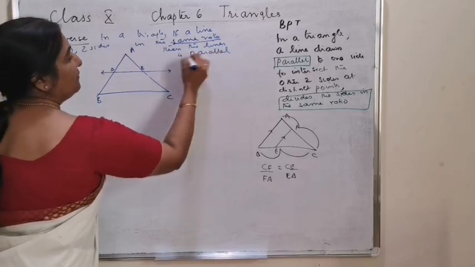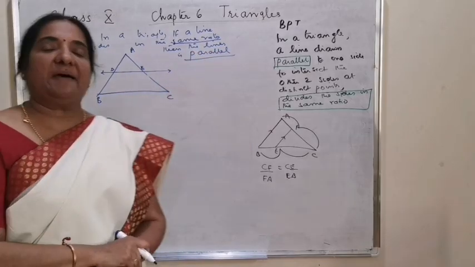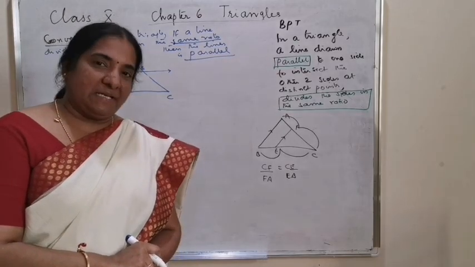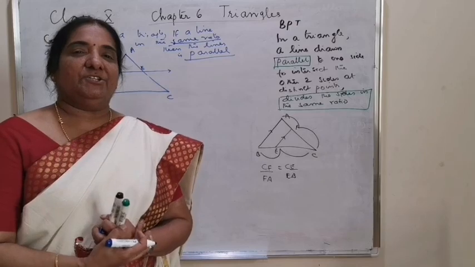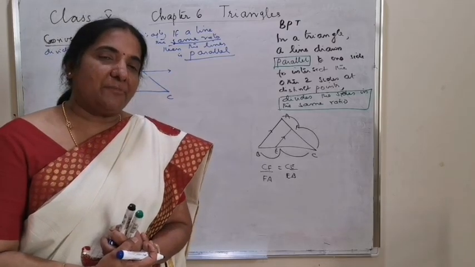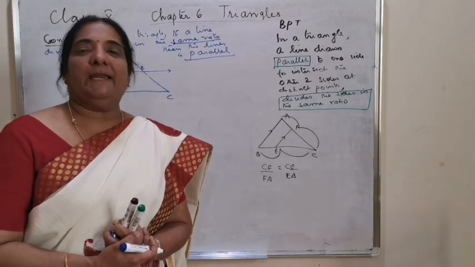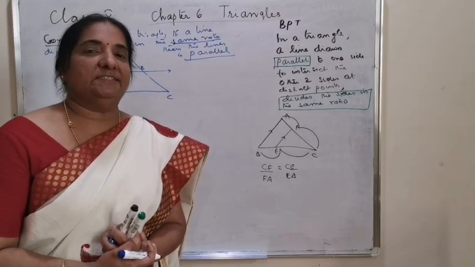We are not stating it as parallel, we have to prove it. That means we have to prove that the line is parallel. The statement is, in a triangle, if a line divides the two sides of it in the same ratio, then the line is parallel to the third side.